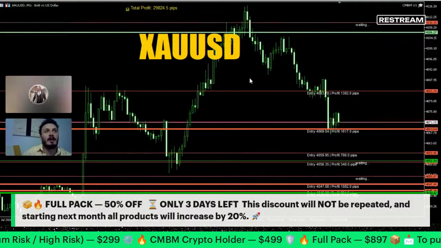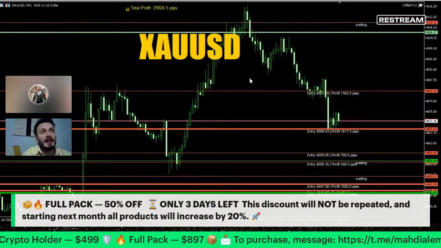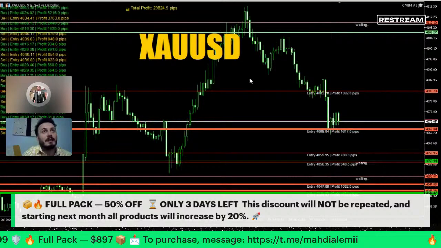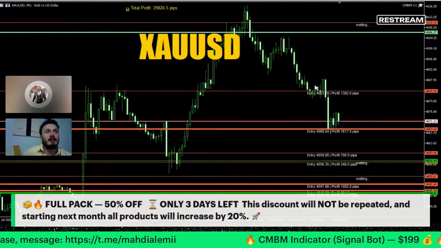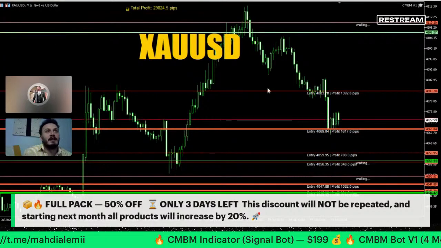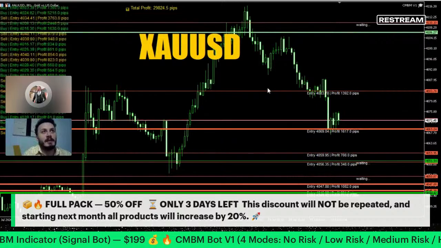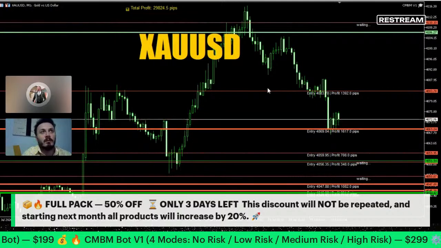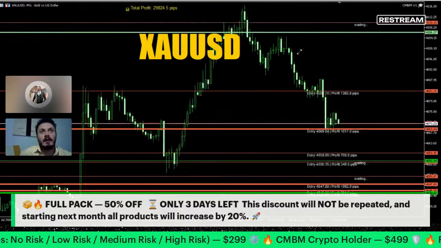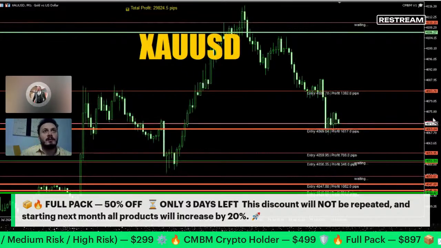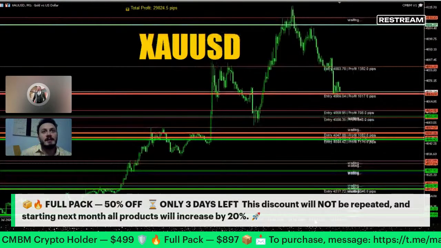For example, in time frame M30, I set 20 numbers, in H4 12 numbers, and another one for day one. You can set the time frame that you are trading, for example 30 minutes, 1 hour, and everything you want. And when you set that and enter, the bot shows you the signal and the entry you can go on a trade.